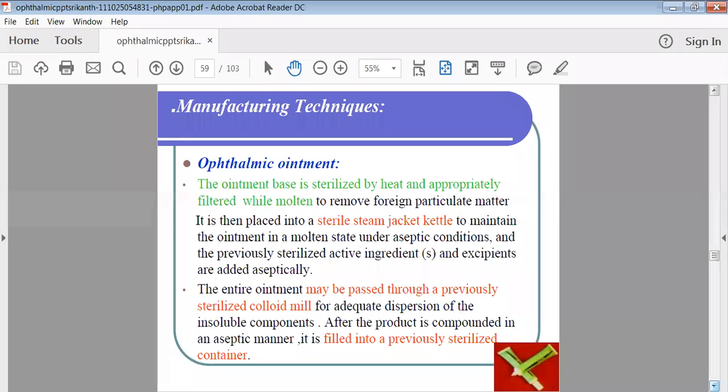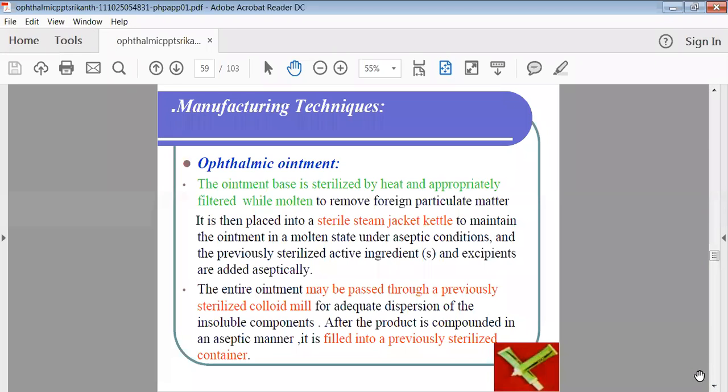So for that purpose we pass it through the colloidal mill to reduce the size and to obtain adequate dispersion, a uniform mixture of the total preparation. It means whatever drug and other ingredients we are adding into the base should be equally distributed throughout the base, and to reduce the size of any drug particles, we have to pass it through the colloidal mill.